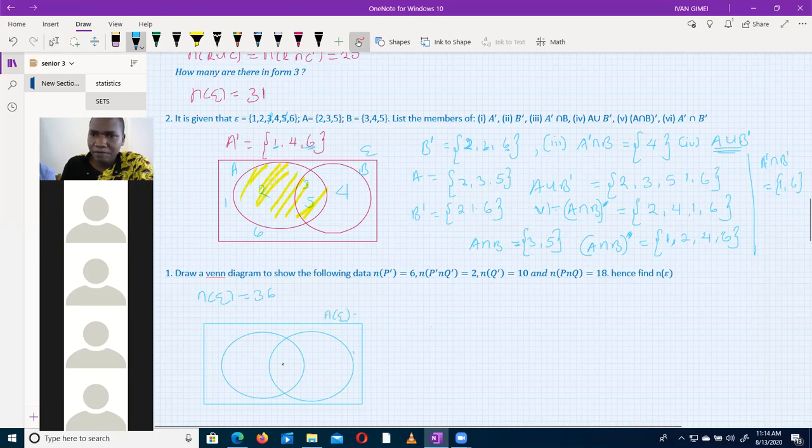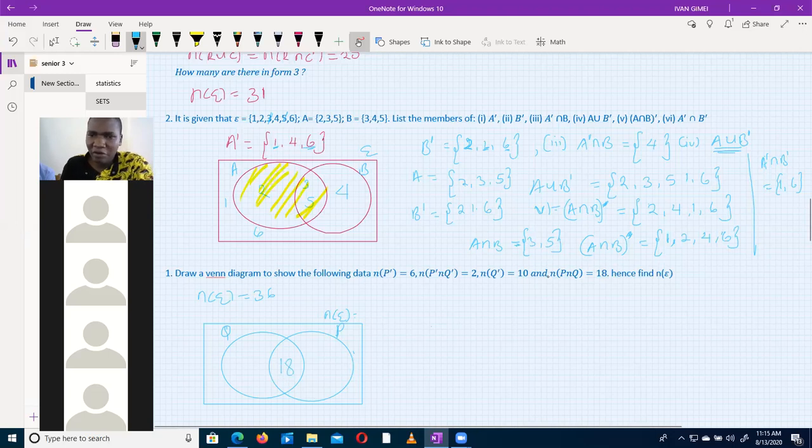Then Q complement. If this is my Q and this is my P, Q complement means everywhere outside Q. We don't know anything about that, but we know what is inside both. P intersection Q is 18, so we know this is 18. It has been given.